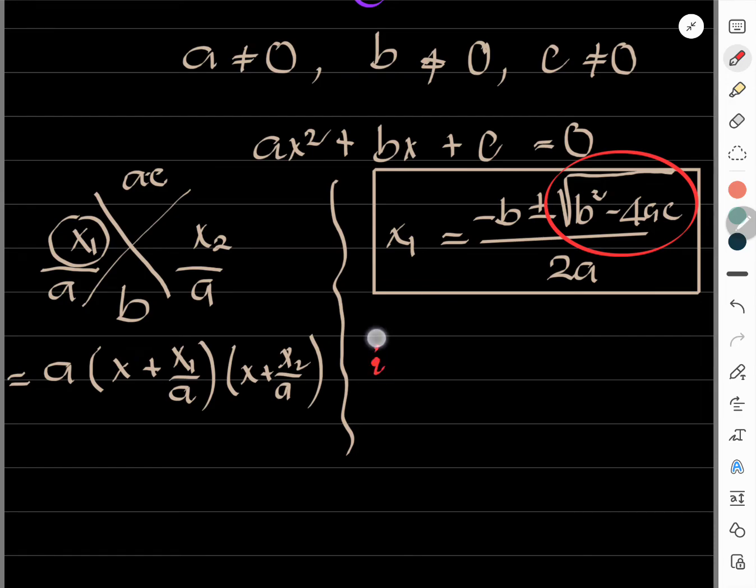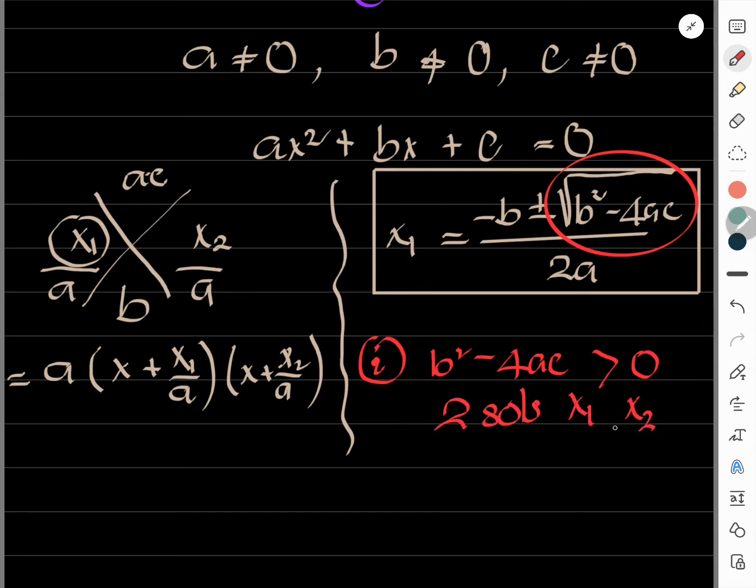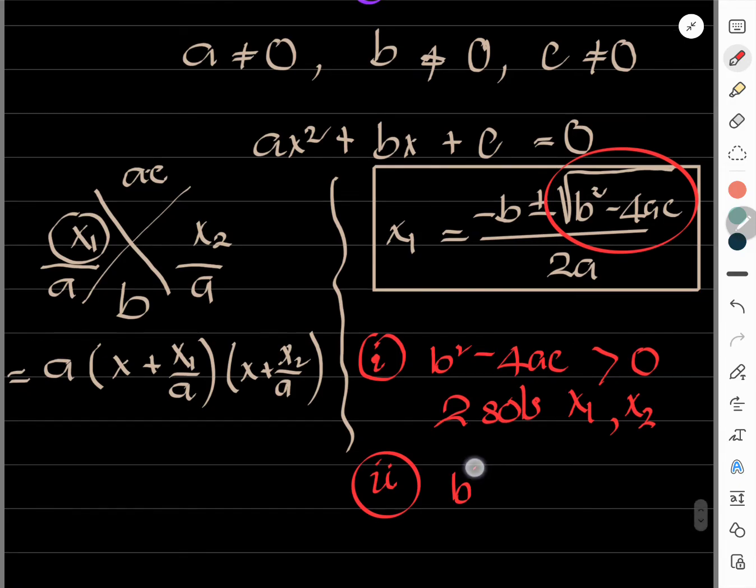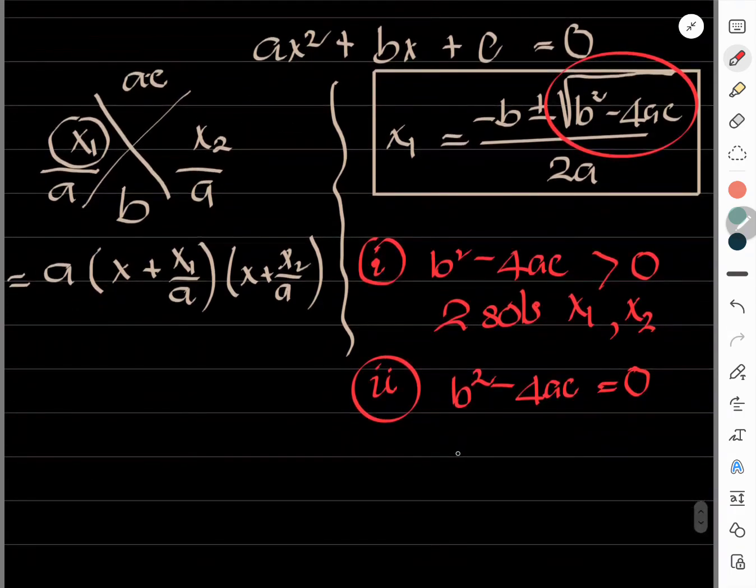Case number one: when b squared minus 4ac is greater than 0, we have two solutions. Case number two: when b squared minus 4ac equals 0, that means the whole thing equals 0, so we have one solution.